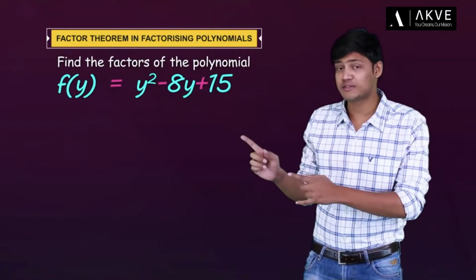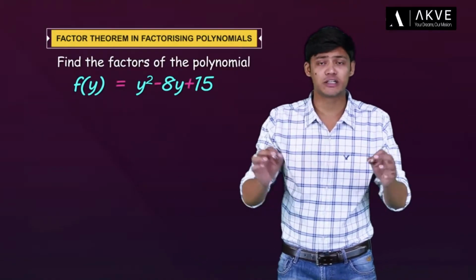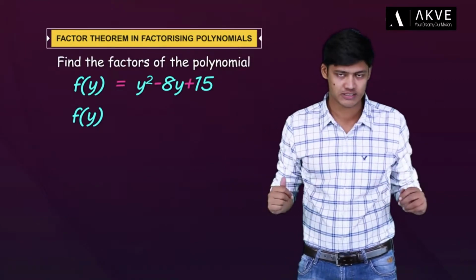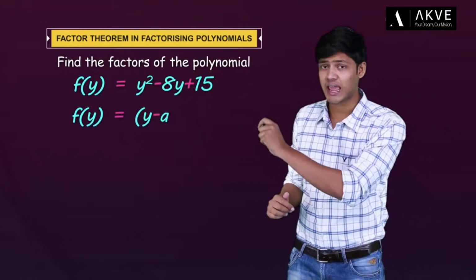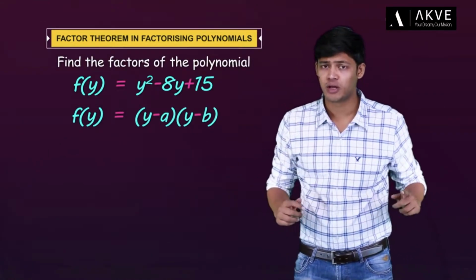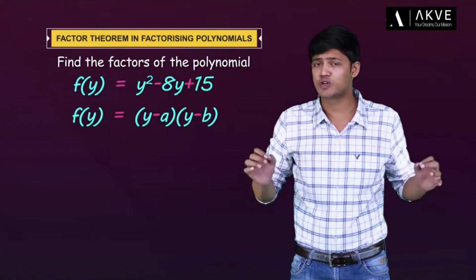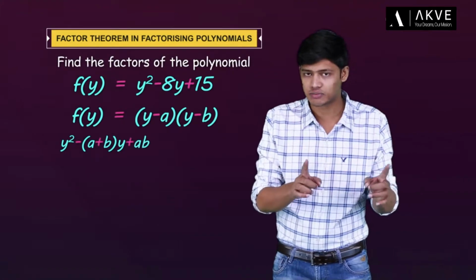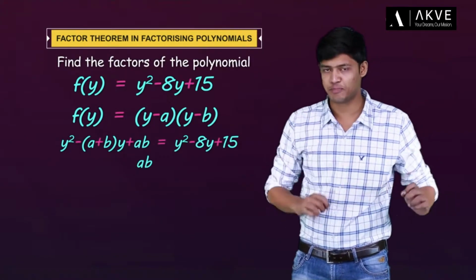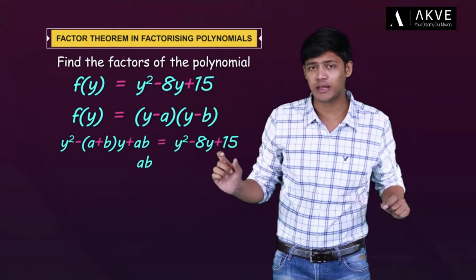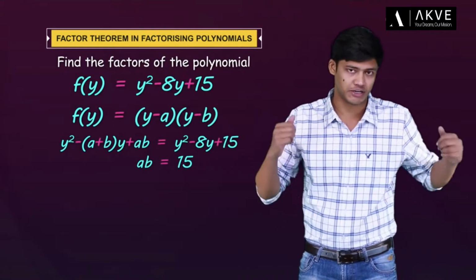So in this method, first we represent the polynomial f of y as a product of two factors, that is y minus a and y minus b. From this representation we can clearly observe that the constant term is equal to ab, and by comparison the constant term ab will be equal to 15.